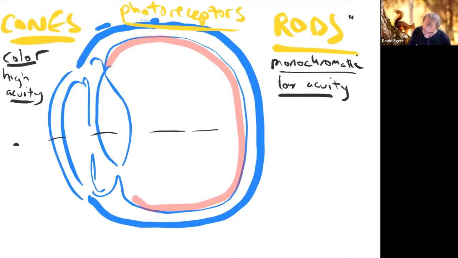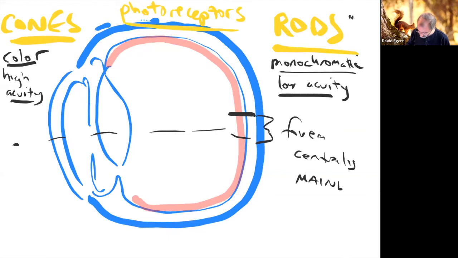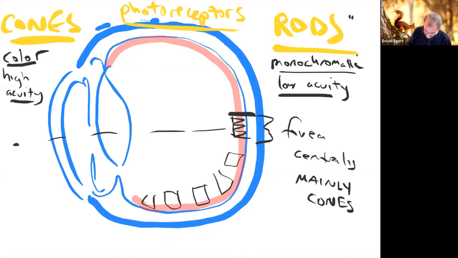Mm-hmm. So right in the middle here, what we call the Fovea Centralis, this is going to be mainly cones. Whereas the rods tend to be distributed around what we call the periphery.